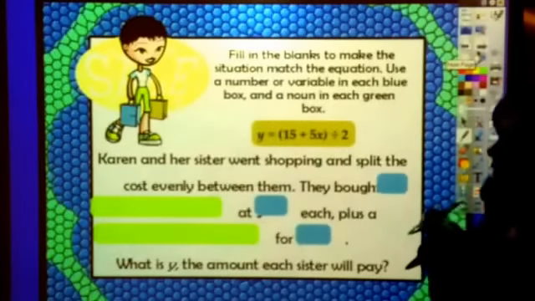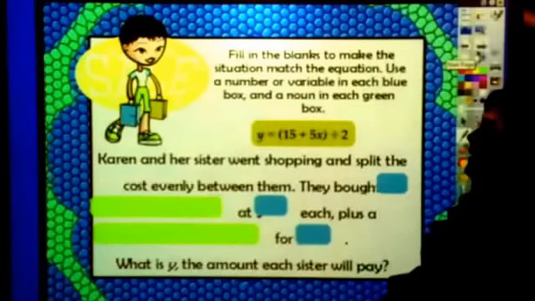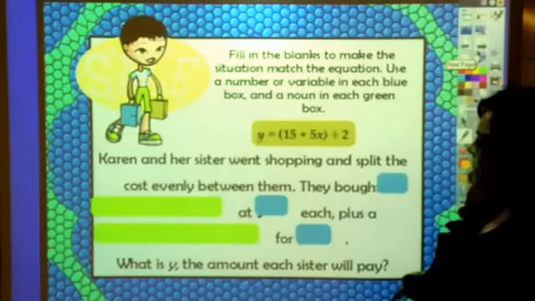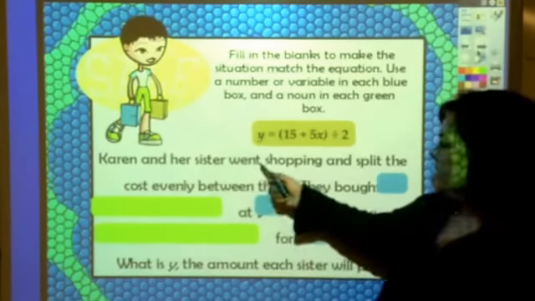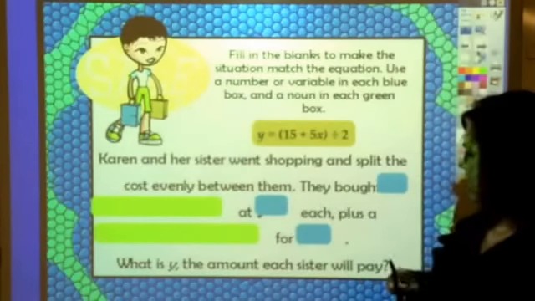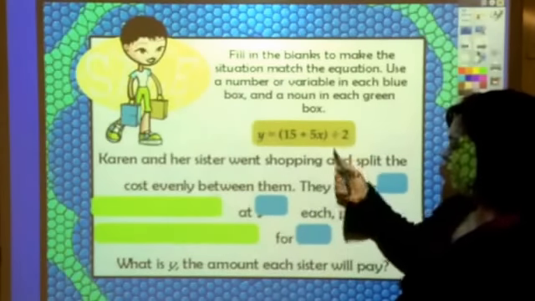So this is the last one. This is another one, fill in the blanks. Fill in the blanks to make the situation match the equation. Use a number or variable in each blue box and a noun in each green box. So Karen and her sister went shopping and split the cost evenly between them. And so that's where the divide by 2 comes from.